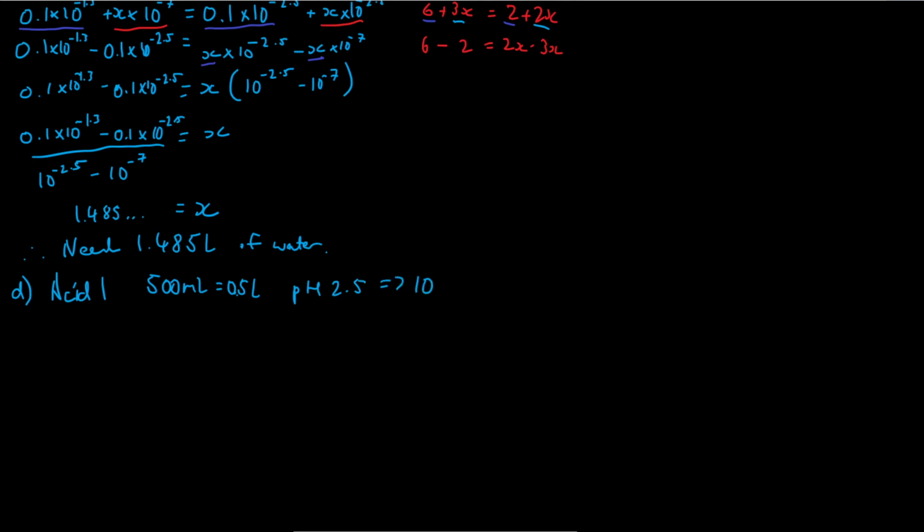Now we know that is just the concentration of 10 to the negative 2.5 for the H3O+, the hydronium. We've also got an acid 2. This one we only have 400 milliliters of, that's 0.4 liters. That's got a pH of 3, and that concentration is just 10 to the negative 3 for the H3O+.